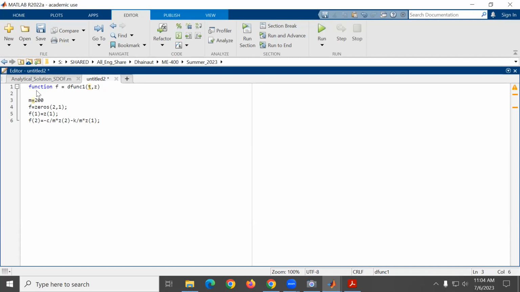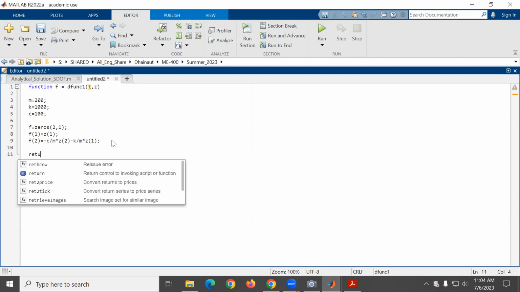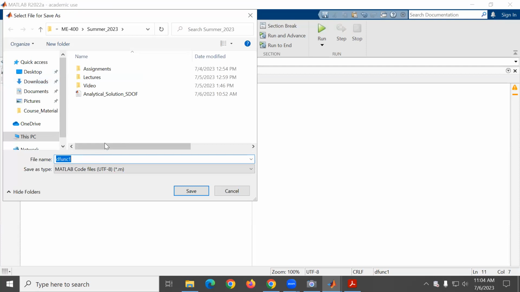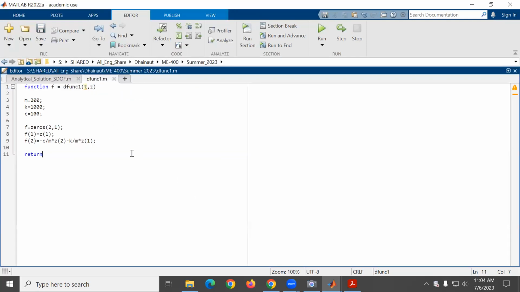So m equal 1000 and c equal 100. Sometimes it's useful to put return over here, but sometimes you don't have to. What we're going to get here is t and z from this expression. So file, save as function 1, save. Hopefully this will work.